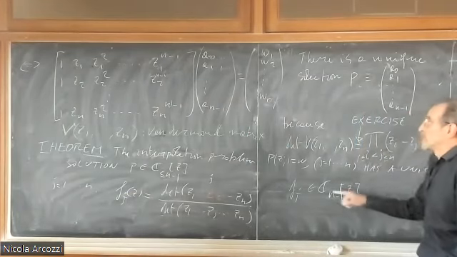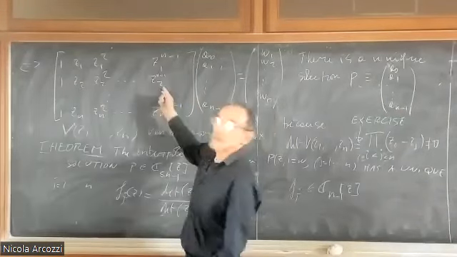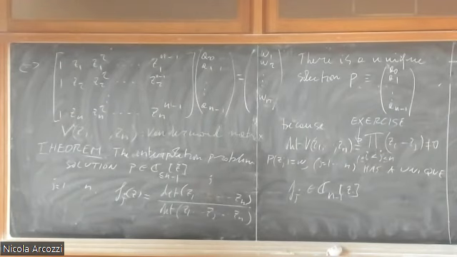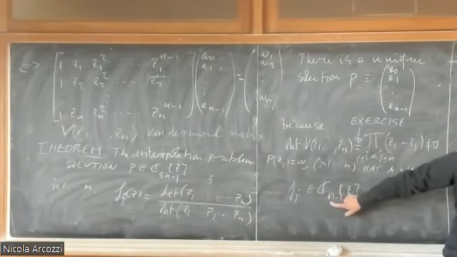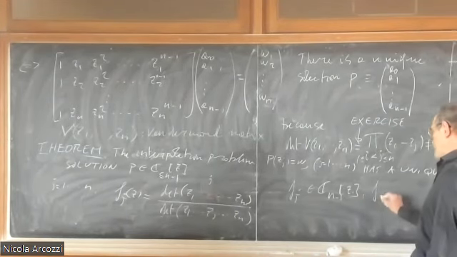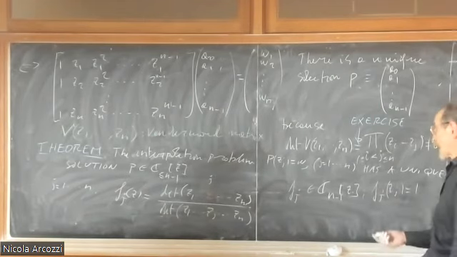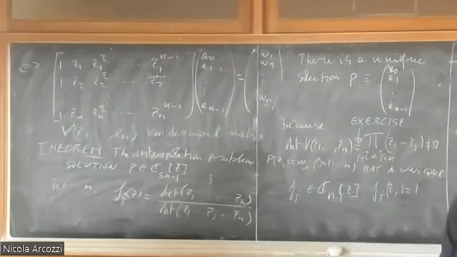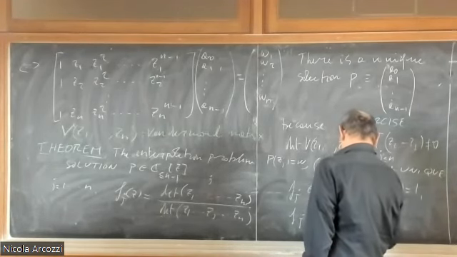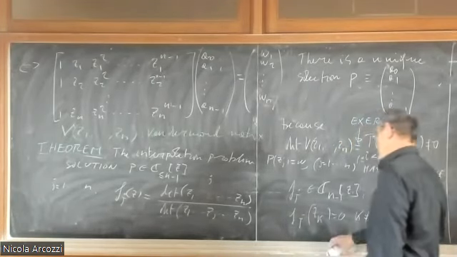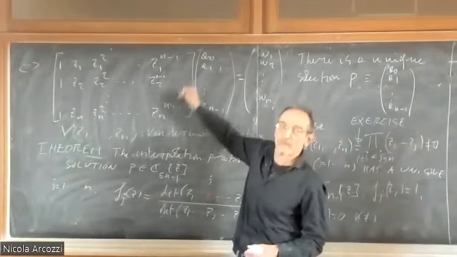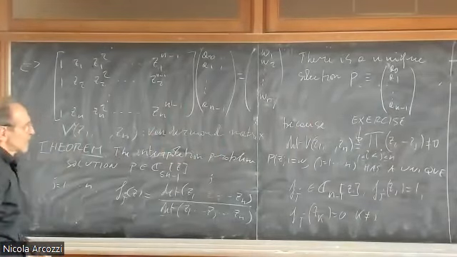Because you plug z here instead of zj, and the biggest term is z to the n minus 1, exactly. And fj at zj is equal to 1 for sure, because it's the same numerator and denominator, and fj at zk is equal to 0 if k is different from j, because I have a determinant with two rows that coincide.